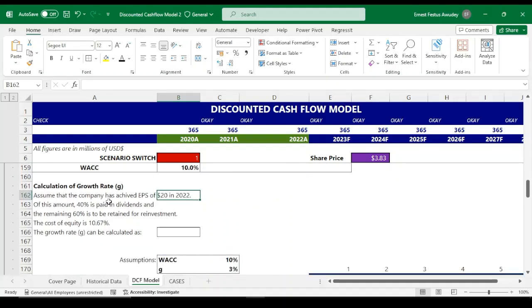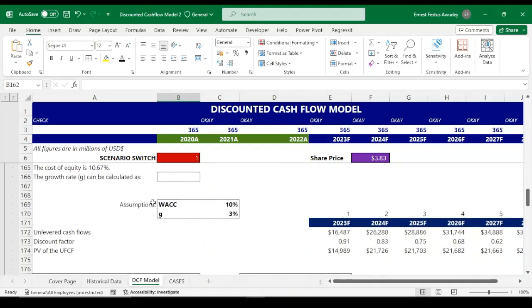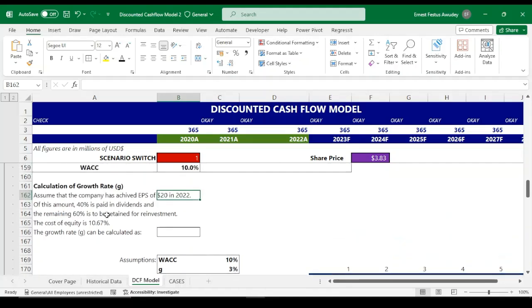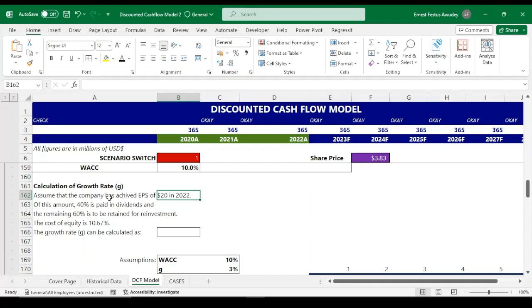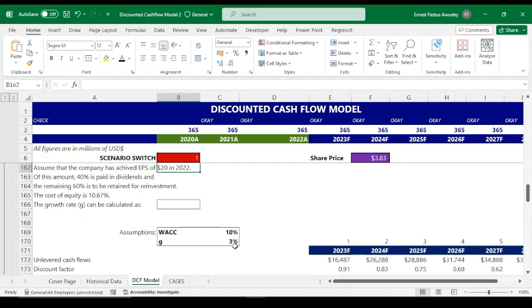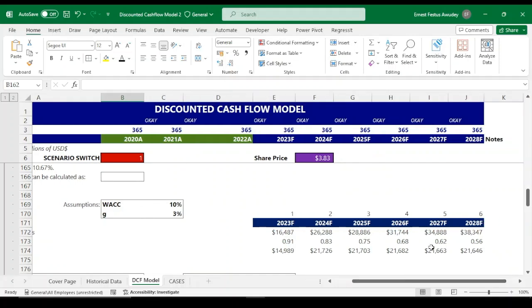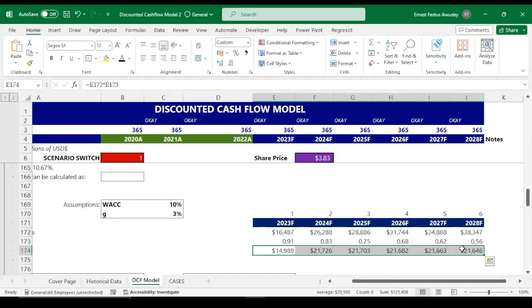Now, when it comes to the growth rate, it is also calculated. The growth rate here is talking about how we expect our cash flows to grow after this terminal value. These are our cash flows, and these are the present values of our cash flows.